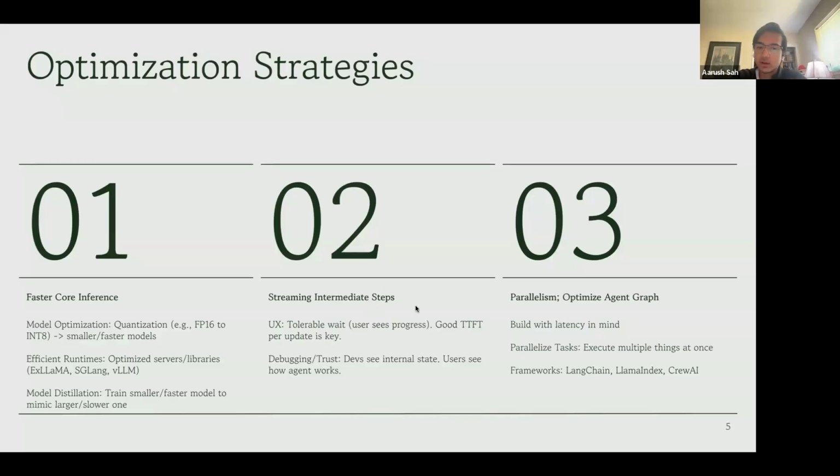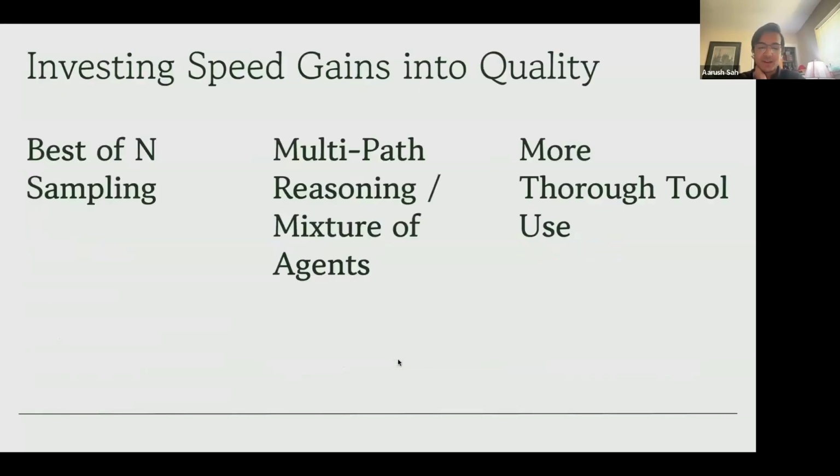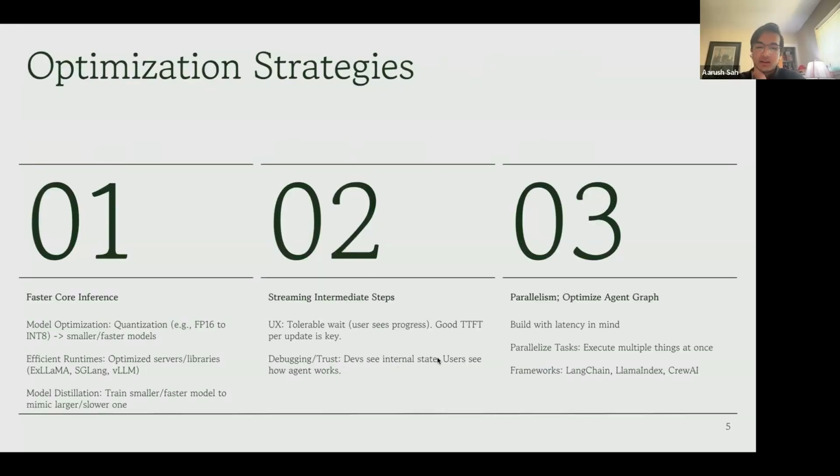For us as developers, this is great if the audience for your agent is a developer, because developers love to see the internal state of an agent. And for more general users, they see how the agent works, and they get an idea of how exactly the agent is going through the process of solving the user's problem.